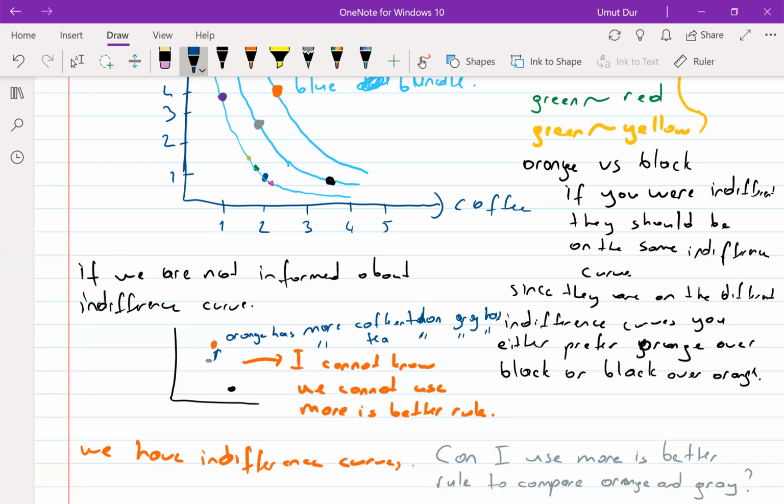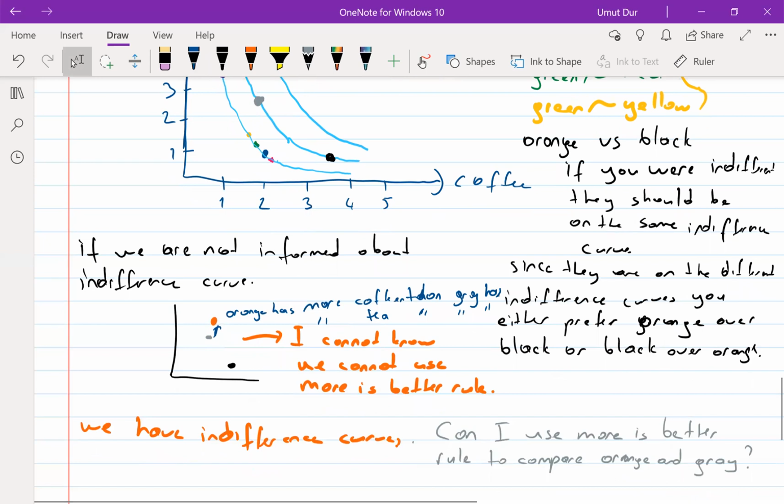So we have both more coffee and more tea. So when we compare orange and gray, it means that orange is better than gray.